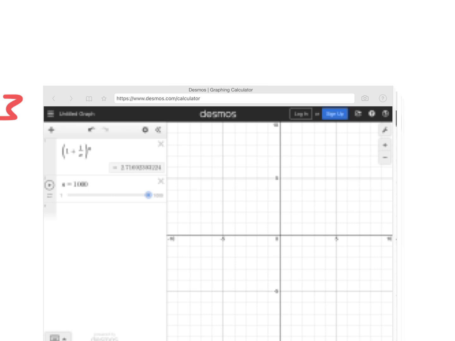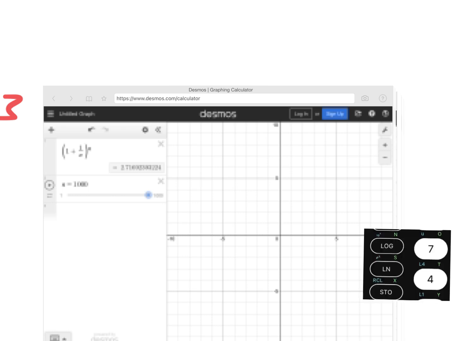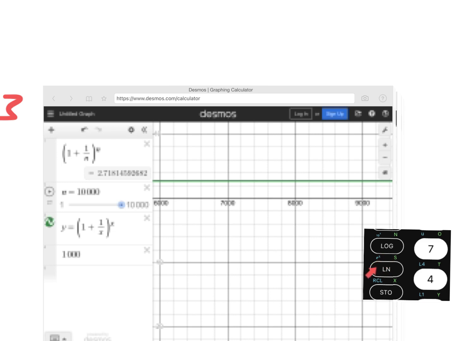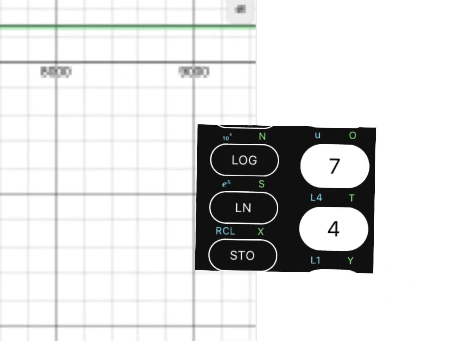So on your TI-84 you'll have a button that looks like this over next to the 4, and it says ln and e. There will be a little e to the x. You can use that, e to the x, okay? So if you're using your TI-84, go find that e to the x, all right?